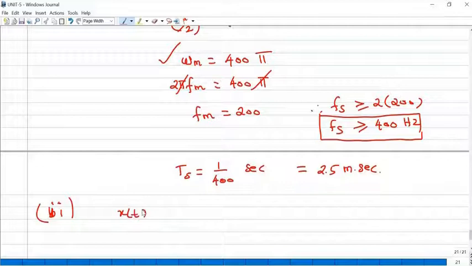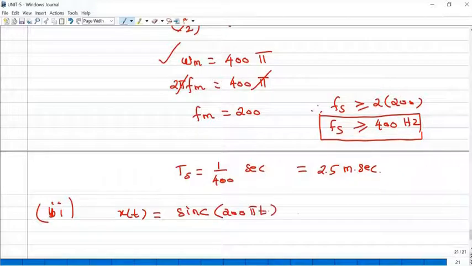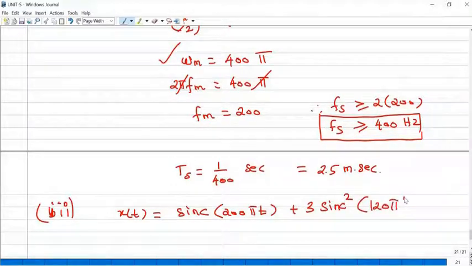Second problem given: x of t equal to sinc pulse 200 pi t plus 3 sinc square of 120 pi t.